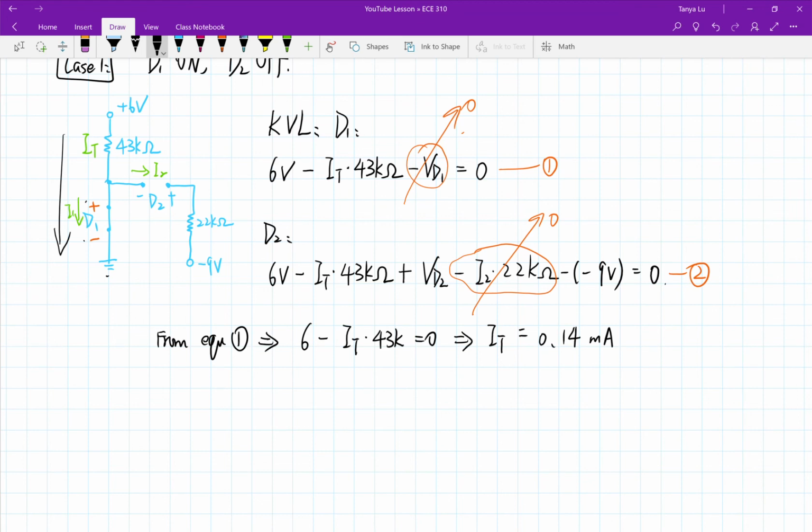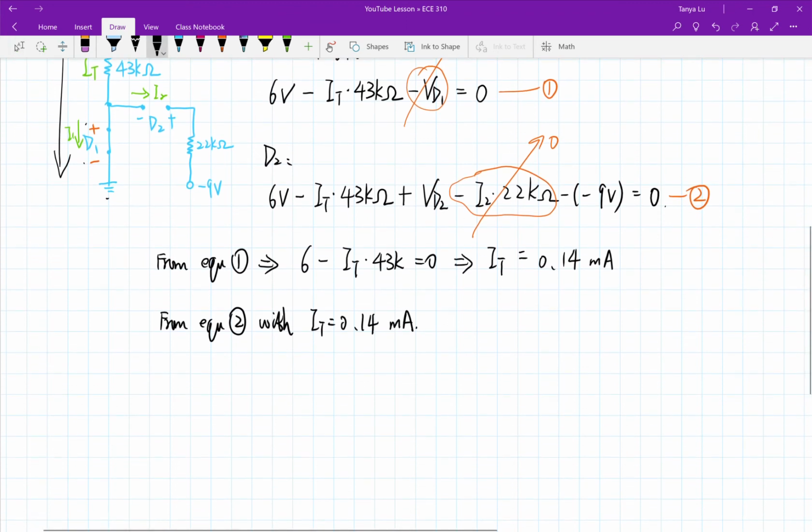So you can go through the calculation yourself. Plug in your calculator. Shouldn't be hard. And then let's solve equation 2 with what we got here, which is I total equals 0.14 milliamps. Okay, let's do the math.